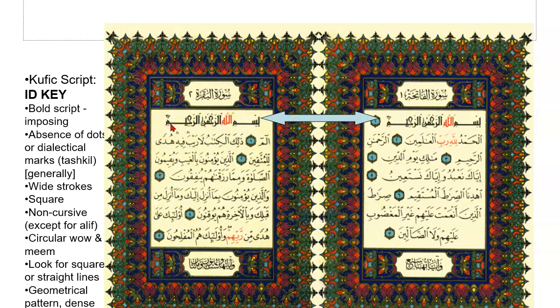It doesn't have that thick or thin, and this is where we're going to talk about thick and thin. Okay, so keep that in mind. Look for square or straight lines and geometrical patterns. That's your Kufic. So Kufic is going to become very easy for you very soon.